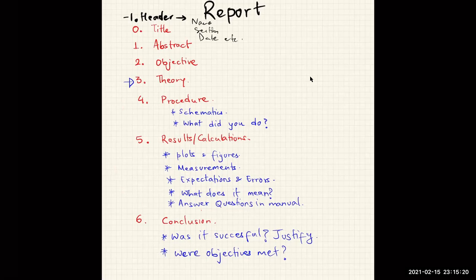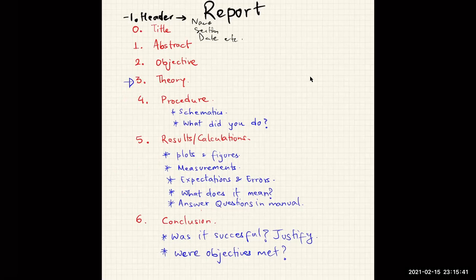The theory will also come into play when you're calculating the expected values. But yeah, so the results should play well with both what you measured, what you said you measured in the procedure section, and what you said you expect from the theory section.